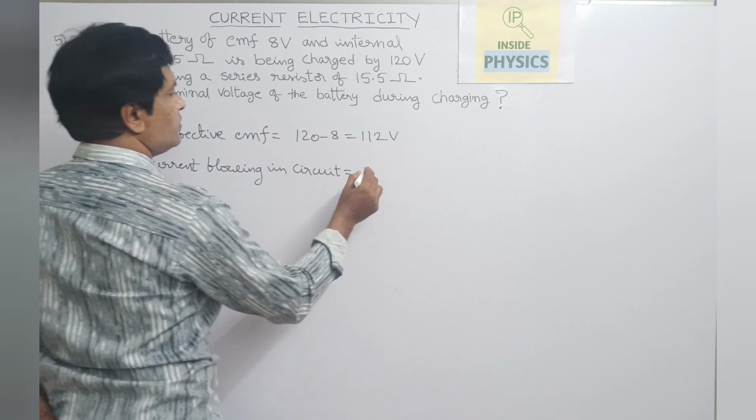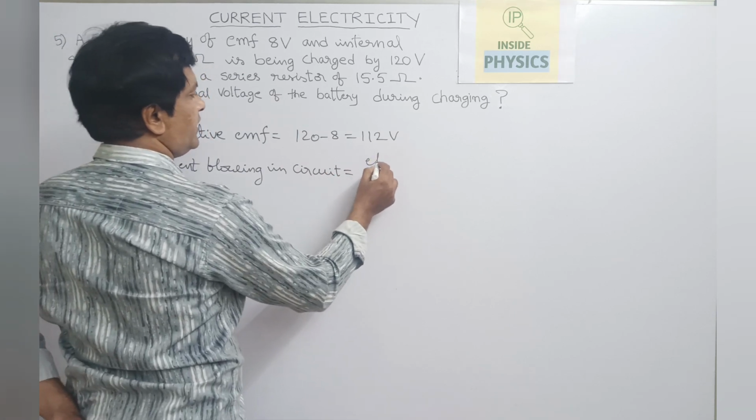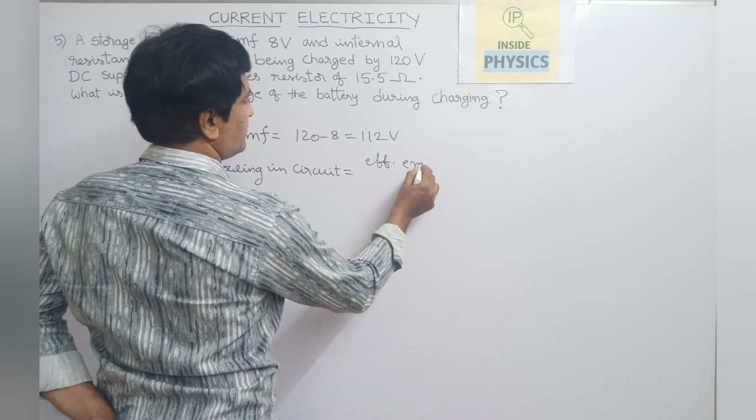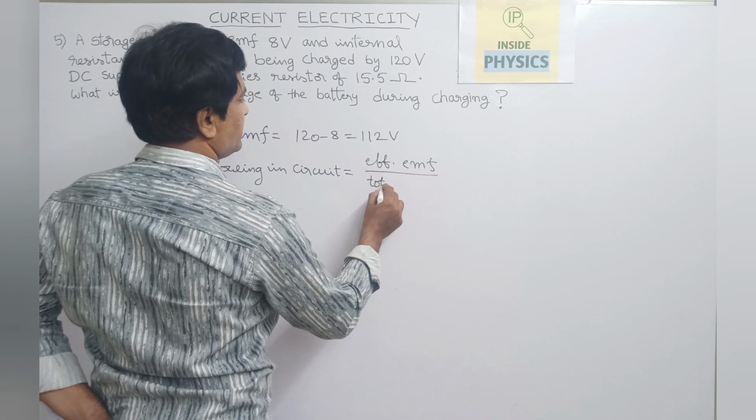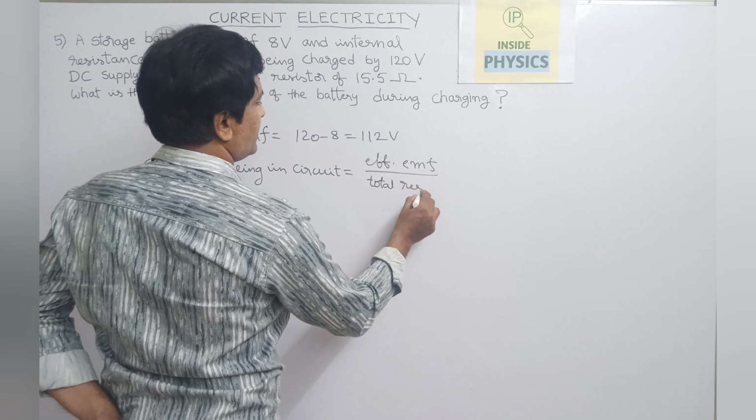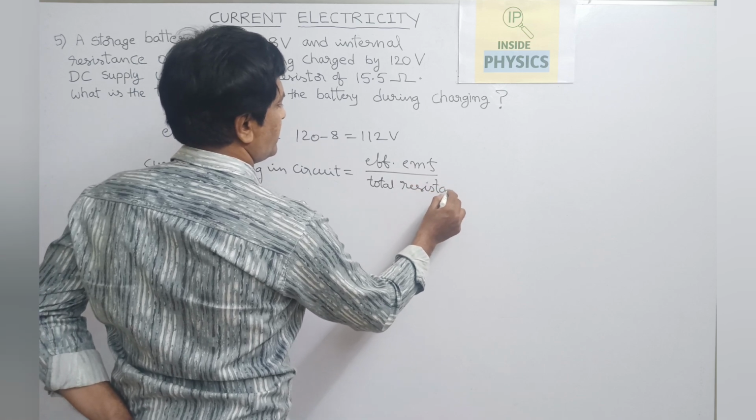This is equal to the effective EMF divided by the total resistance across the circuit.